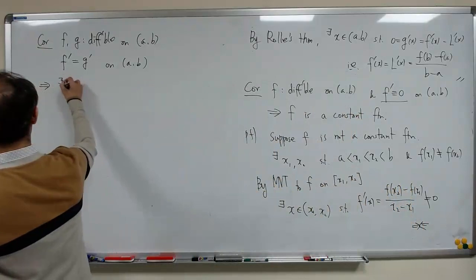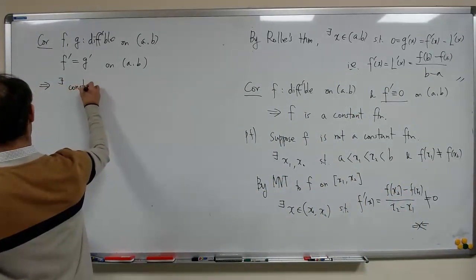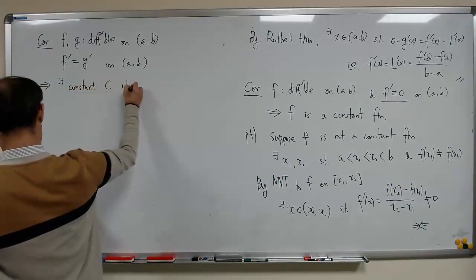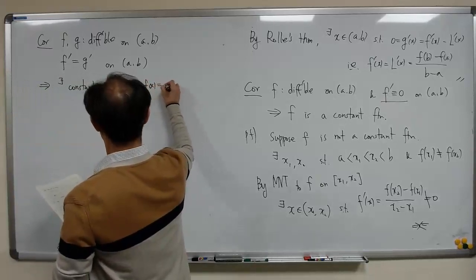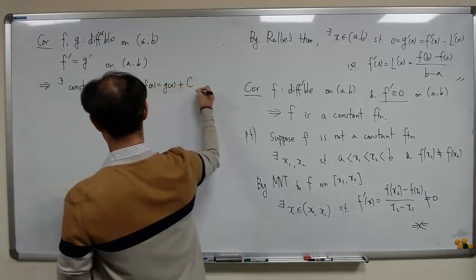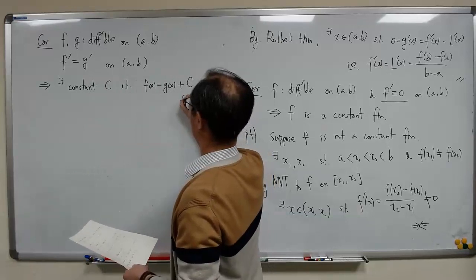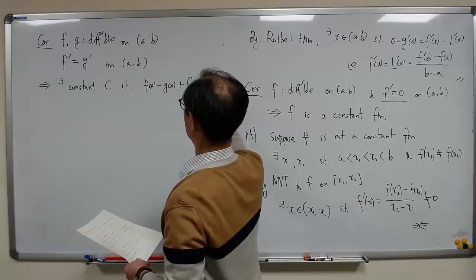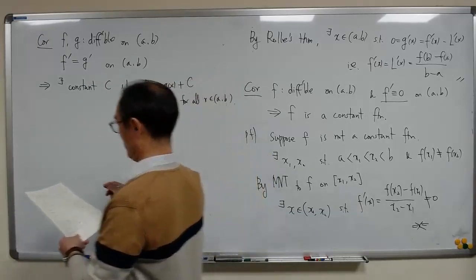There exists a constant C such that f of x is g of x plus some constant for all x in the domain of the function. Why?